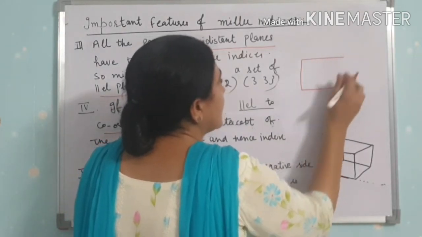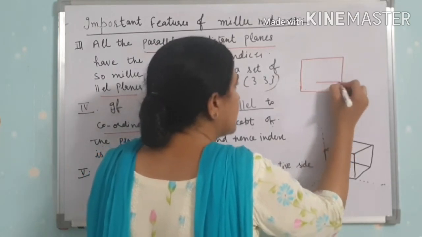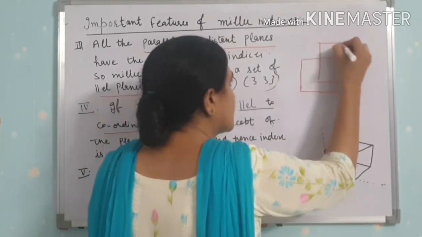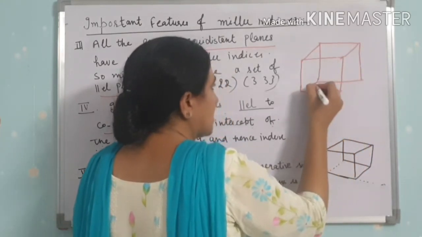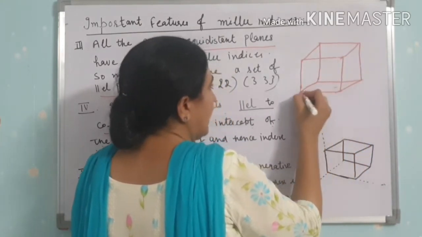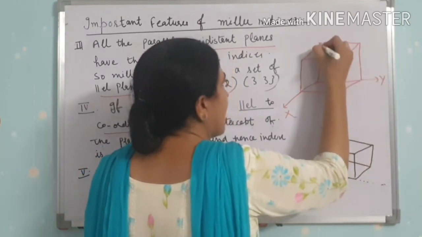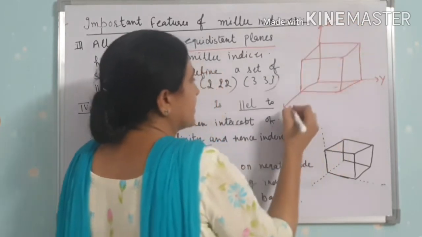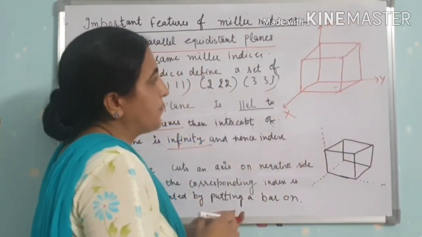For example, this is any unit cell in a crystal lattice. This is a unit cell of this type. You can take any type. So this is a unit cell, and these are the axes, x-axis, y-axis and z-axis. Now take any plane.